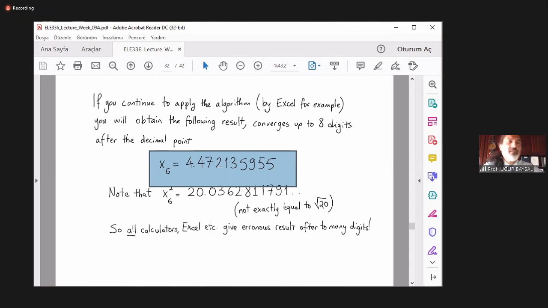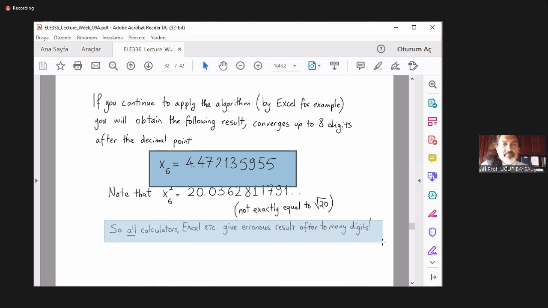This was calculated by using an ordinary office program. Okay, so in Excel you can create that formula, and in a couple of minutes, you can see the iterations and reach that result.